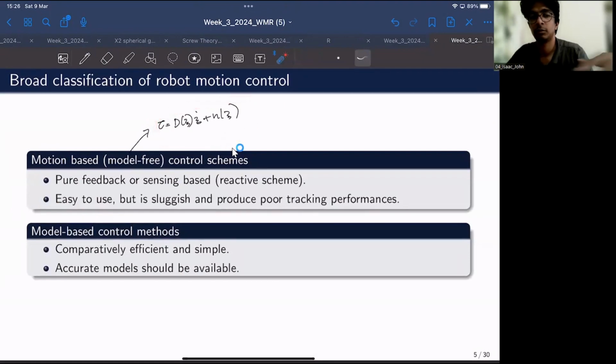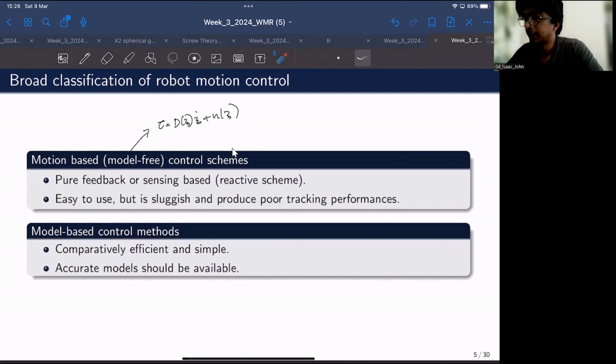The gains that you use to control a system could change over time because of eventual wear and tear and all those things. So eventually it could have poor tracking error, even though it began very well.